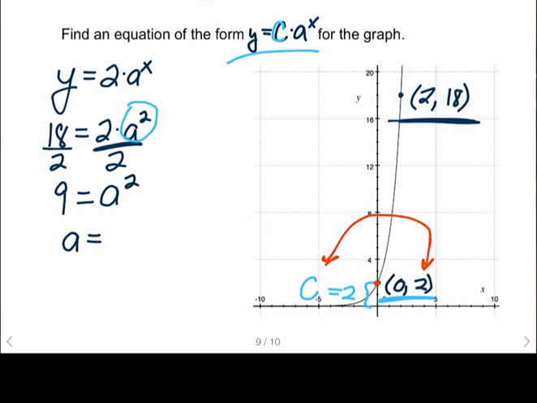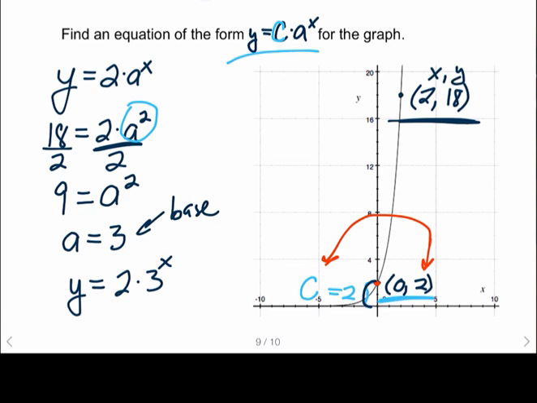And so if 9 is a squared, then a is equal to 3. This is our base. So our function is y is equal to 2 times 3 to the x. And this was again obtained by considering the vertical stretch by a factor of 2 and an ordered pair x, y that was given to us in the form of 2, 18.